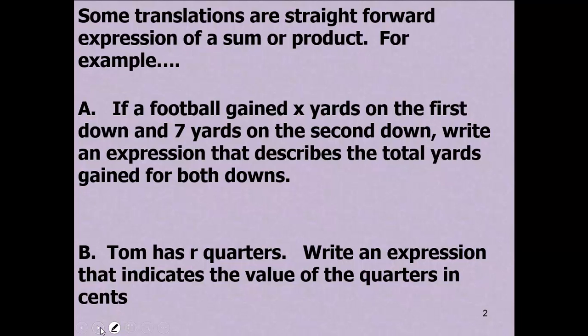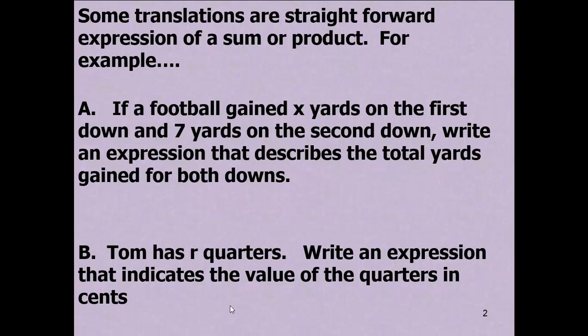So as we've been seeing, as we practice translations, some of them are really straightforward. It's just a sum or a product. For example, if a football gains 6 yards on the first down and 7 yards on the second down, write an expression that describes the total yards gained for both downs.